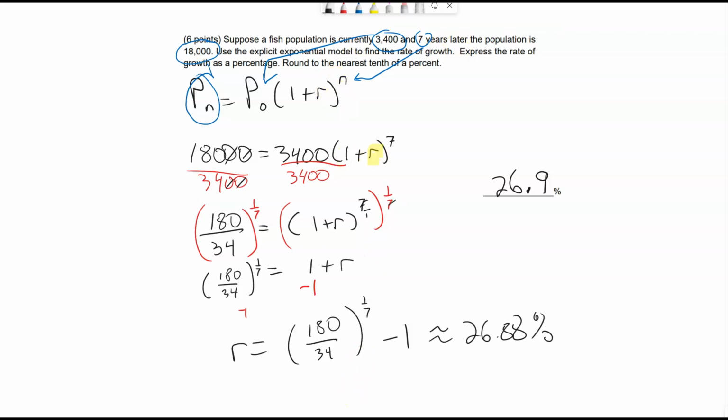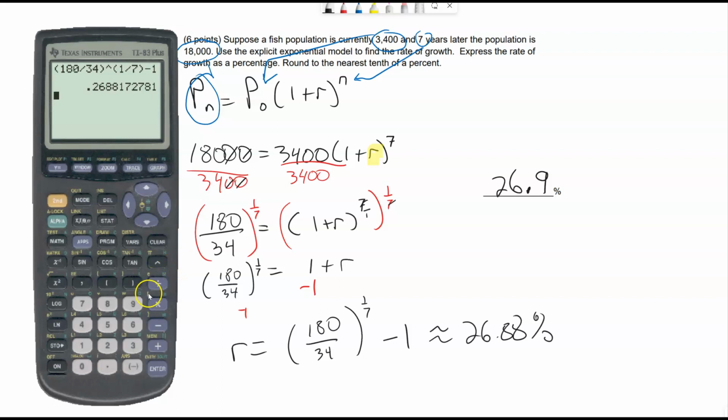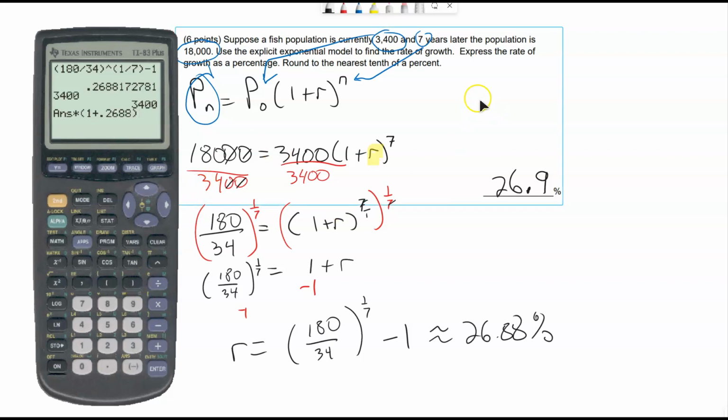Okay, let's check this. So with the answer button on your calculator, you can start off 3,400, enter, multiply by the 1 plus r, so this would be 1 plus, and I'm going to use the 0.2688. This won't be perfect, this is an approximation, but it should show us pretty close to 18,000.